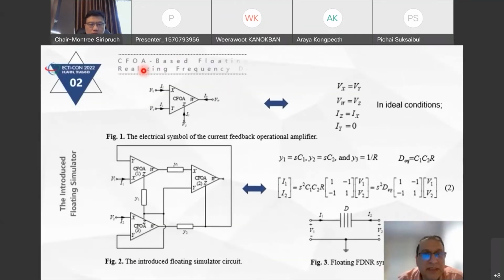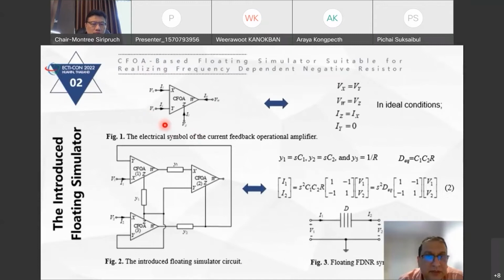The symbol of the CFOA is shown in figure 1, and you can see that we have 4 terminals, Vx, Vy, Vz, and Vw, and the currents are Ix, Iy, Iz, and Iw. The relationship between the voltages and currents is given here, and the proposed circuit for realizing a floating simulator is given in figure 2.